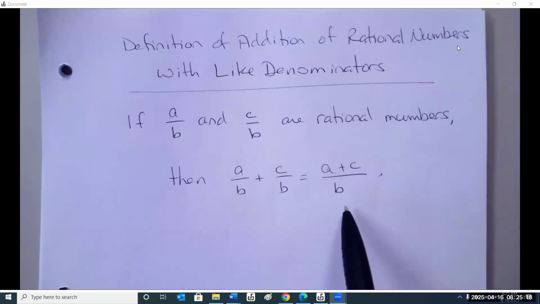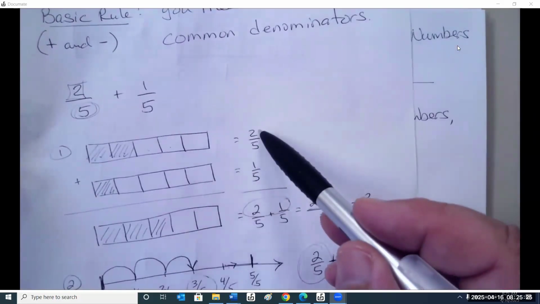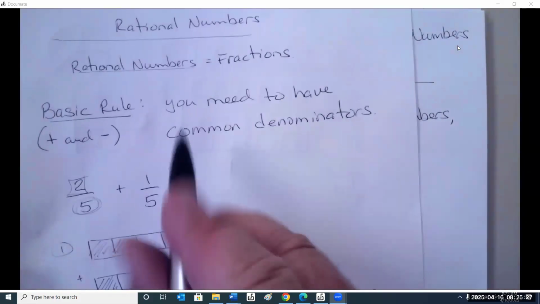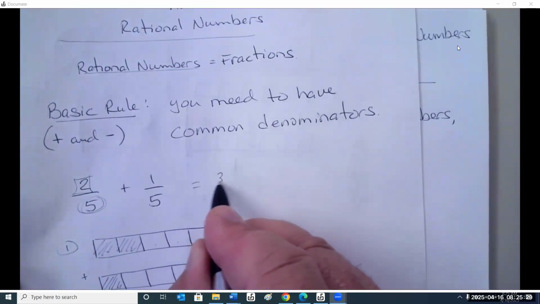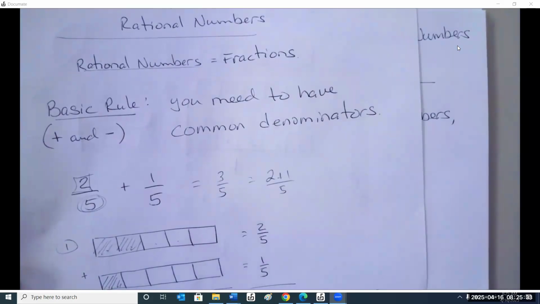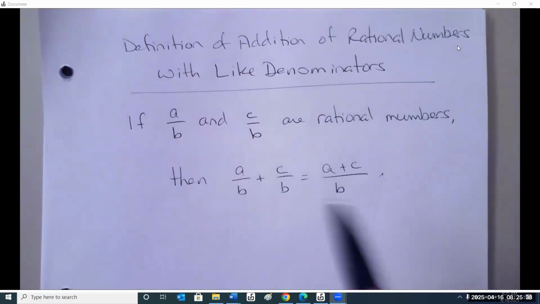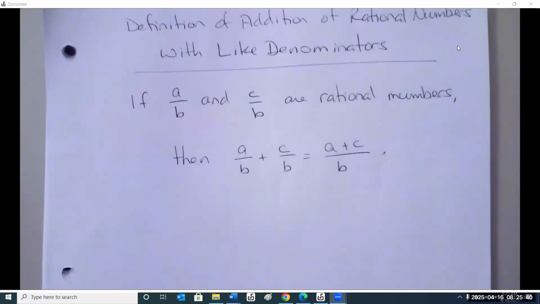Did we prove this earlier? Yeah. 2 over 5 plus 1 over 5 equals 3 over 5. That's the same thing as 2 plus 1 over 5. So we have to get them to understand what we just did. Then we show them the theorem. Now we're good to go.